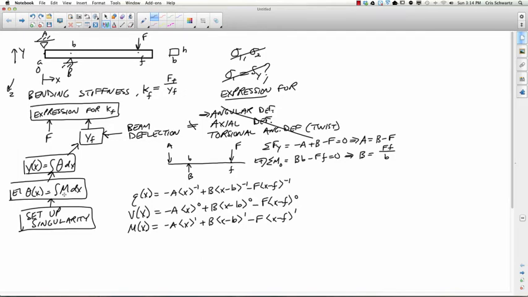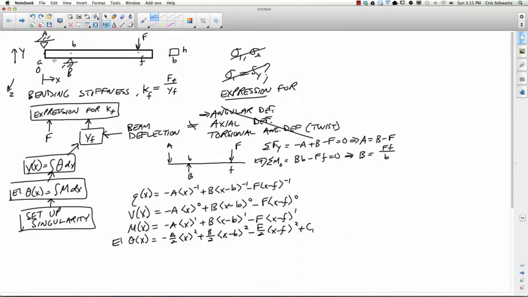And then now I'm going to get angular deflection, which now involves something related to material properties and geometry. That's where that first comes into play. So EI theta plus C1.